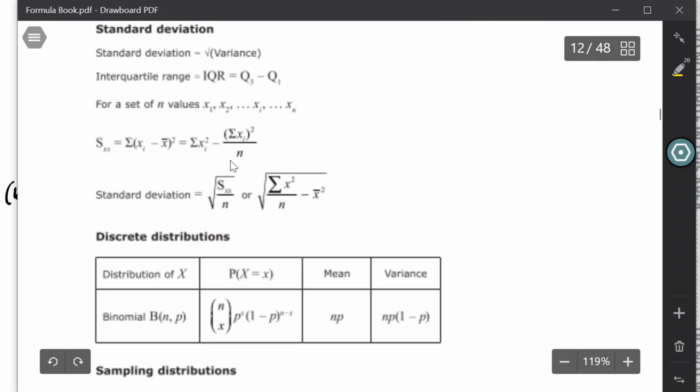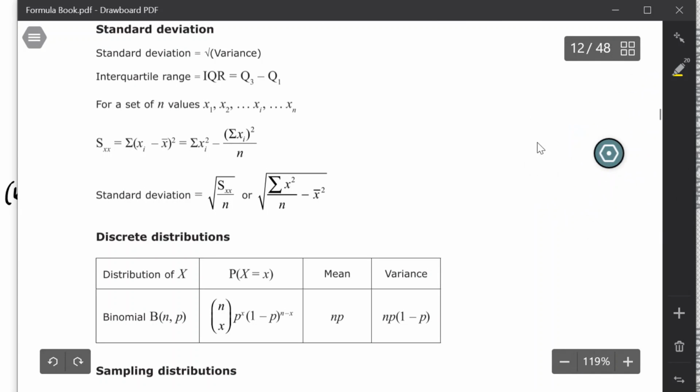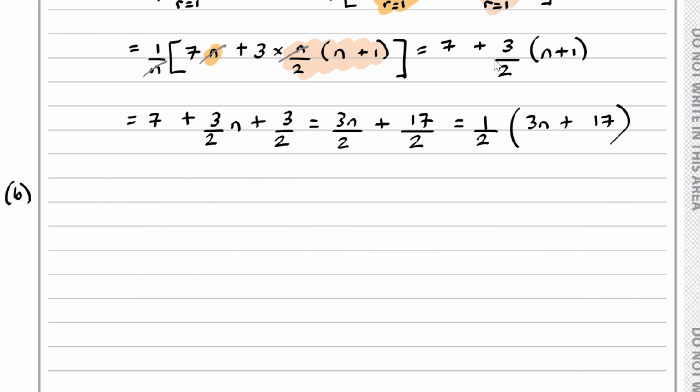Yeah, we have here the formula for standard deviation. And if I write that down, the standard deviation is given by the sum of x squared over n minus the square of the mean, square rooted.